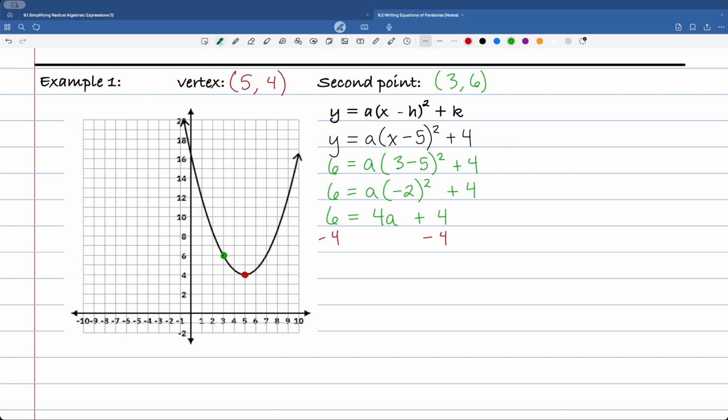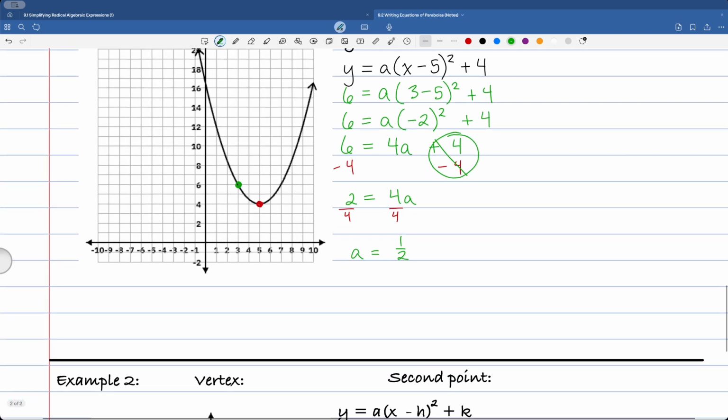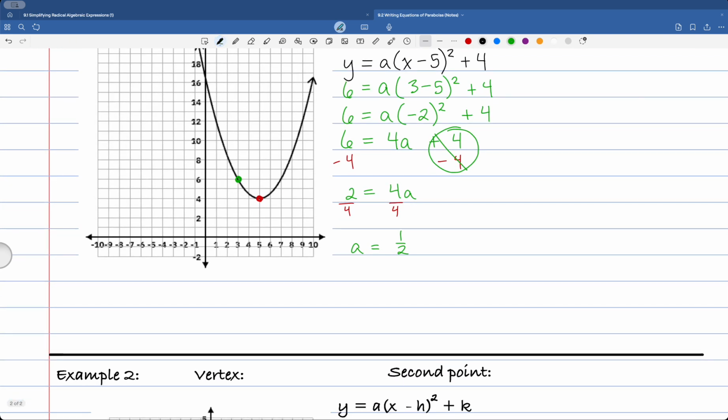This is going to give us 2 equals 4a. And then by dividing by 4, 2 divided by 4 is the same as 1/2. So our a is 1/2. So the equation in vertex form is going to be y equals 1/2 (x minus 5) squared plus 4.